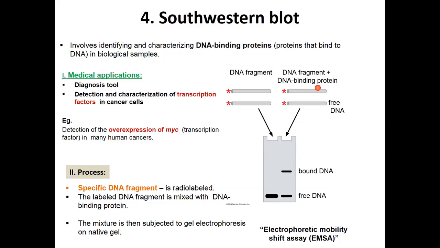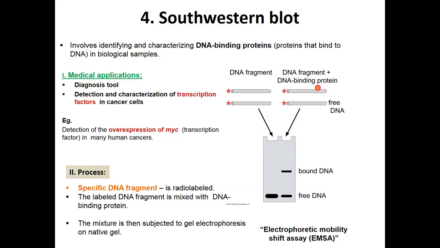So now, if you have overexpression of MYC, what's going to happen? Let's first back up. If you don't have MYC expression in that cell at all, what's going to happen? Where are you going to see the band? Which one? This one or that one? This one? Okay. If you don't have MYC, there won't be any interaction, so the probe segment will run faster, right?